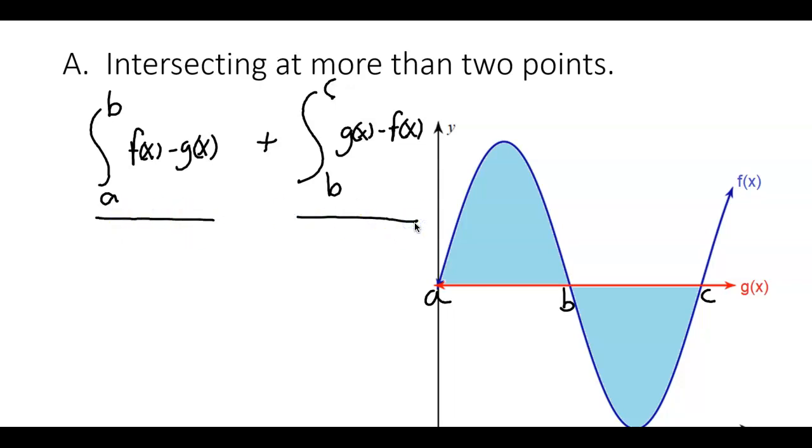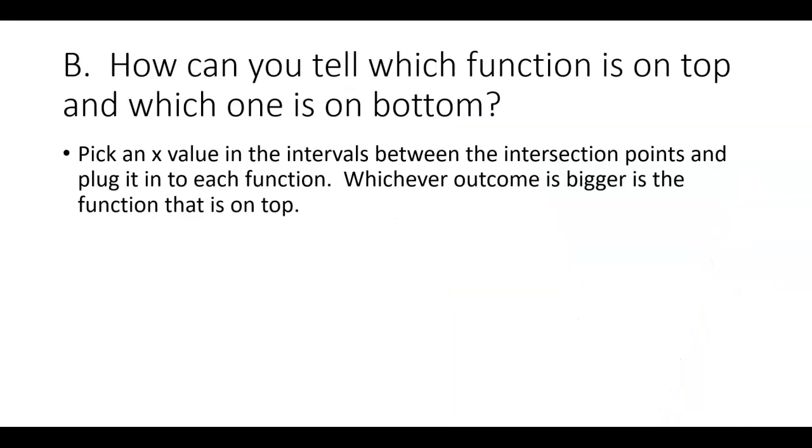And every time you go from one to the other, the order is going to switch, because every time they cross, they switch places. Okay? All right. So that's how you can find area of two functions whenever they're split up into different pieces like that.